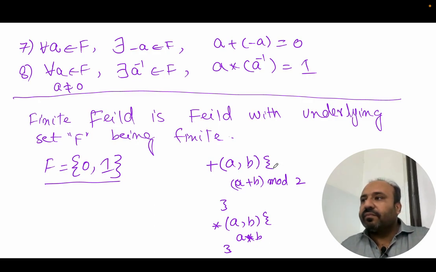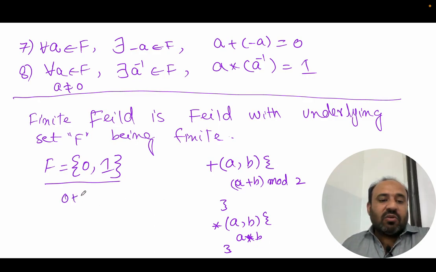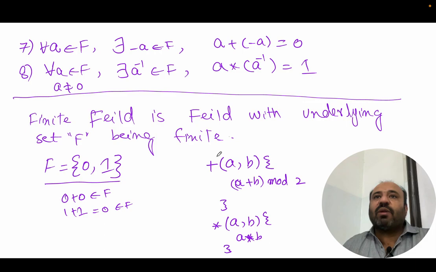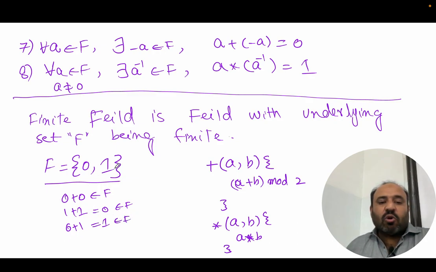Yes, because 0 plus 0 belongs to F. 1 plus 1 is equal to 2, but 2 mod 2 is 0, so 1 plus 1 is 0, which belongs to F. 0 plus 1 is 1, that belongs to F. So this is closed under addition. It is closed under multiplication.